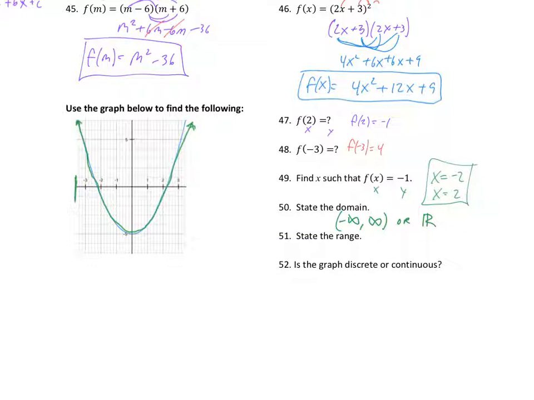The range is your y values, which means we want to look at the bottom of the graph to the top of the graph. What's the lowest point we see? What's the highest point we see? So let's start at the bottom part of the graph. As I move up, trying to find where the lowest part of the graph is, we see it's right here. It's at negative 5.